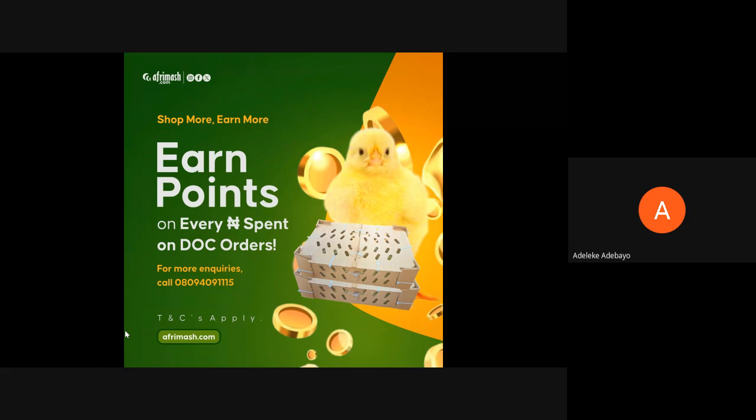So the color of the bird's combs, then the feathers. When you see that the feathers are not fine, they are ruffled, and the bird begins to become lethargic, just standing with feathers all coming up and maybe closing the eyes and sleeping while others are jumping around, then something is about to happen.